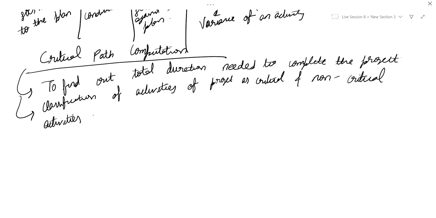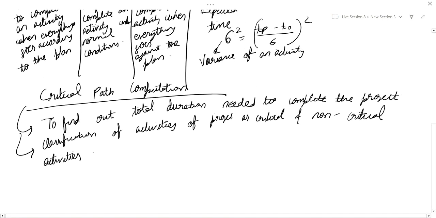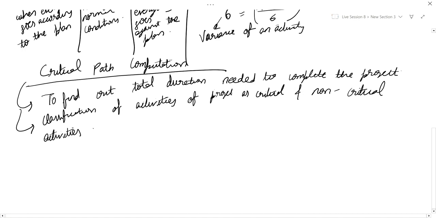Now, how to solve? We will see in the further questions by solving a numerical. The major things to realize here are that we draw a network diagram where we calculate the forward pass computation, backward pass computation, slack time, activity duration, and finally the critical path also.